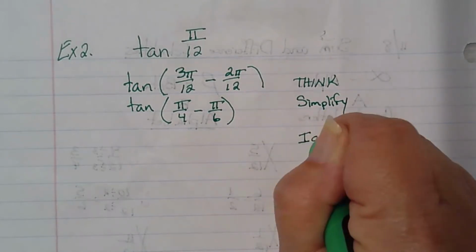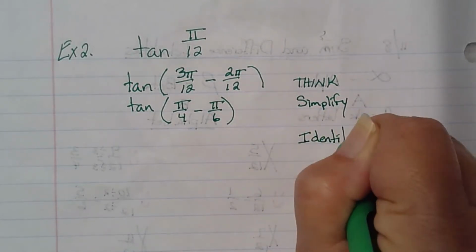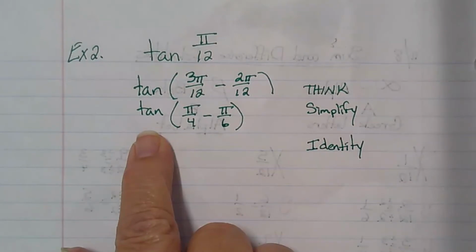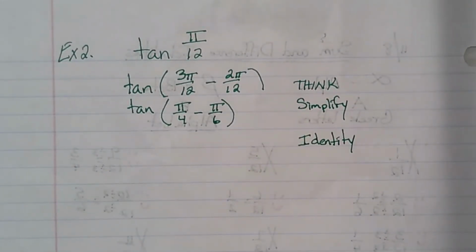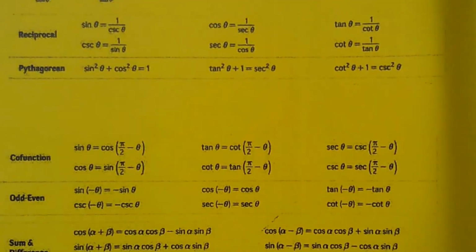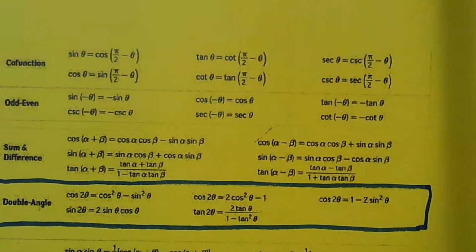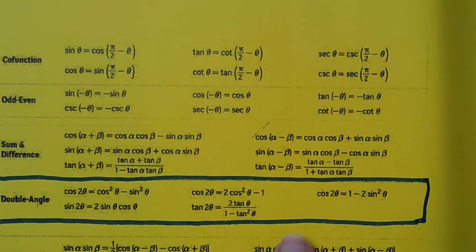Find that identity. So you want to look for an identity that has tangent with subtraction. Find it and put your finger on it. You should be on this one on the right-hand column because we need to subtract, right?